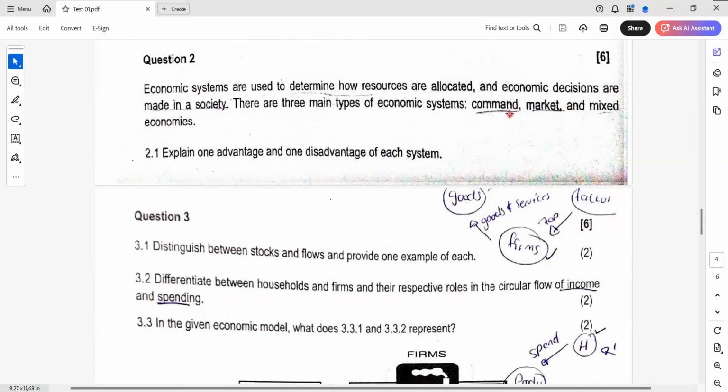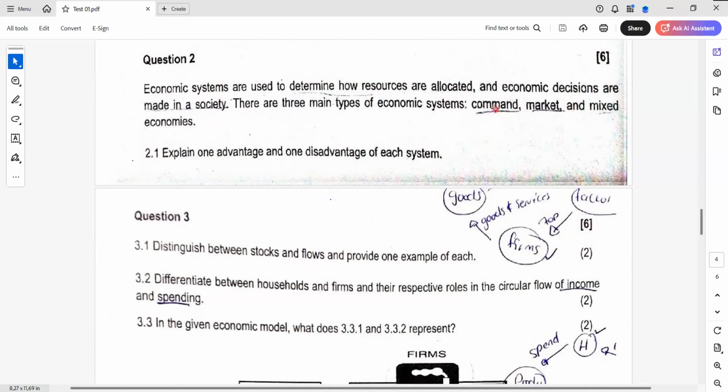Because the government provides public goods and services equally to everyone, to ensure that it meets every person's needs and wants. So in the command system there is a guaranteed equal standard of living because the government is the one providing public goods and services equally to meet the needs and the wants of the individuals.